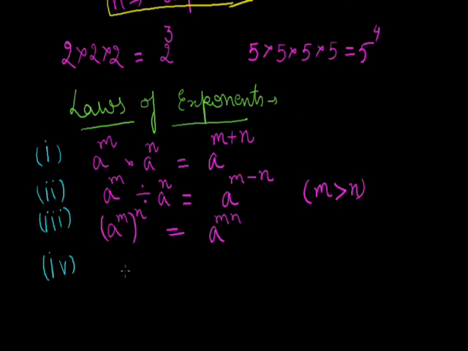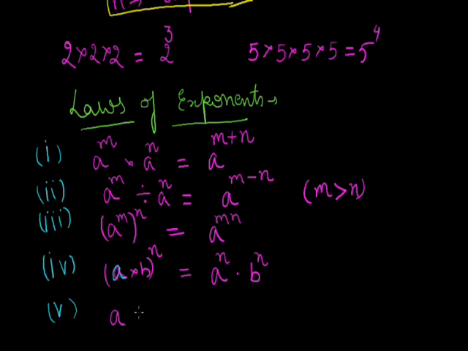Similarly, the fourth law is if a and b are two different bases and they have a common exponent n, then this exponent is given to both the bases, like a raised to n and b raised to n. Both are multiplied again.